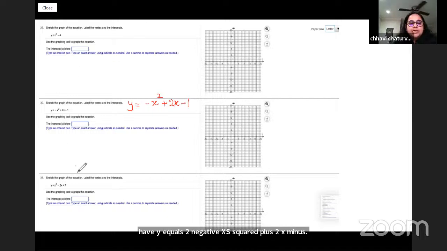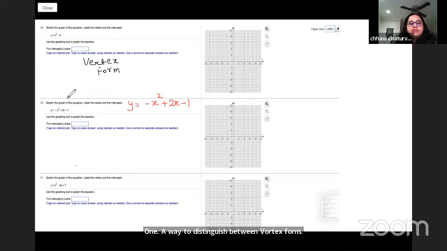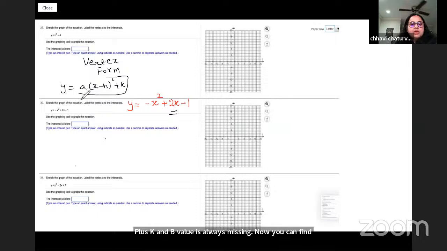A way to distinguish between vertex form and standard form is that in vertex form, they are often written as (x minus h) squared plus k, and the b value is always missing. You can find this b value once you expand the vertex form a little bit more.